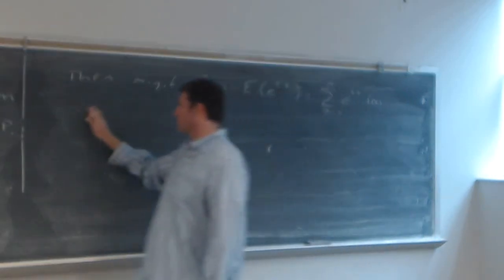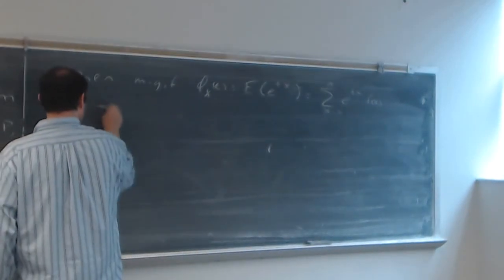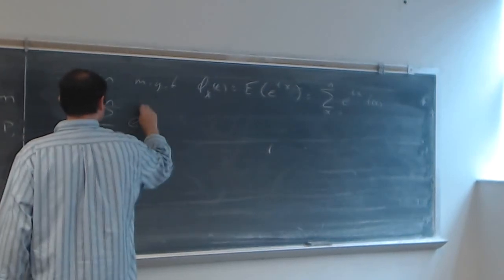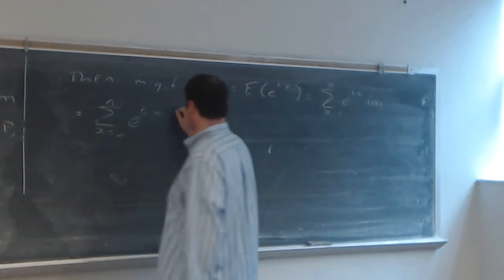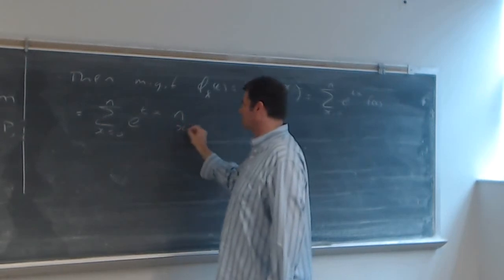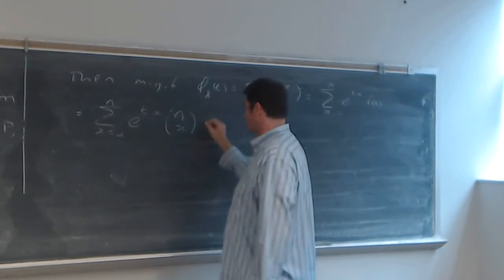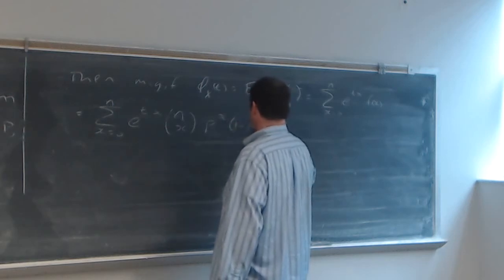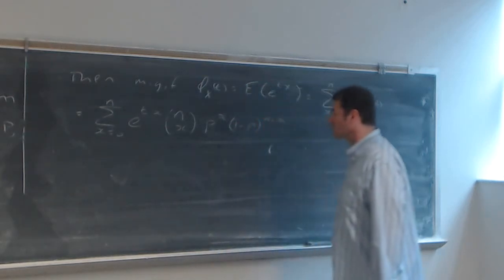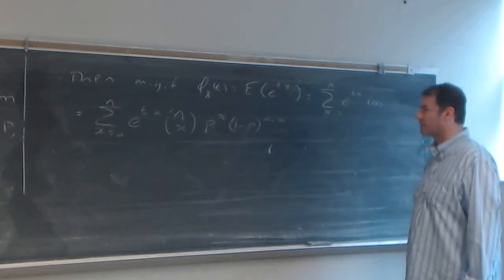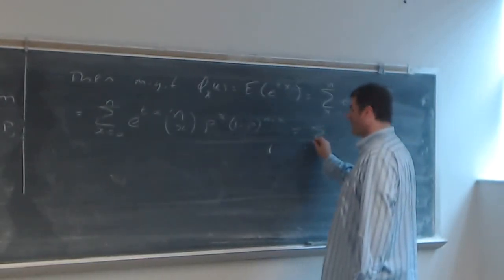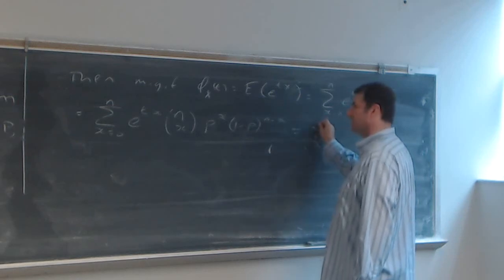Let me remember what the probability mass function is for a binomial. So x running from 0 to n, e raised to the tx. Okay, n is the number of times you did it, choose the number of successes, p to the x, and then 1 minus p to the n minus x. That's what we have.